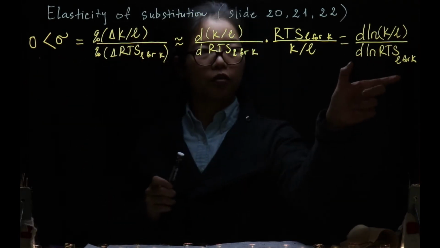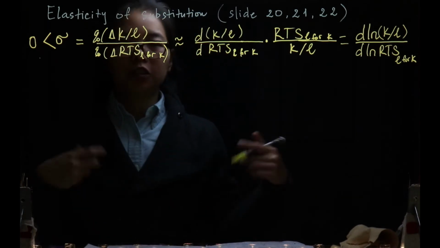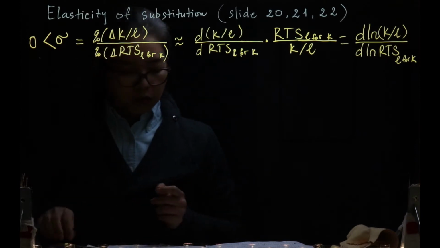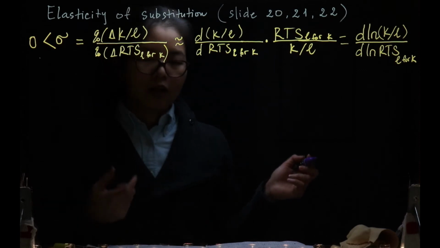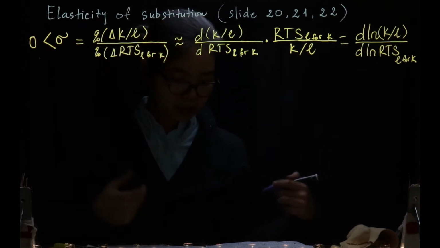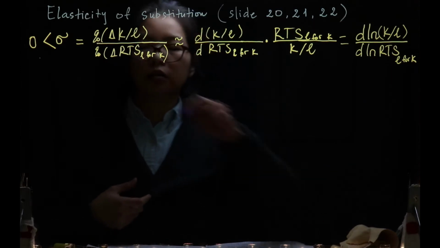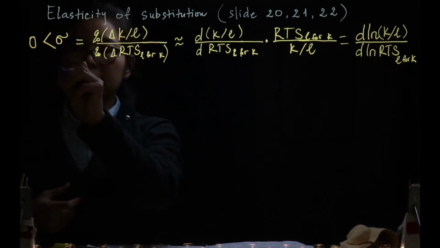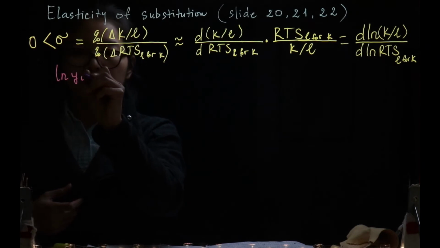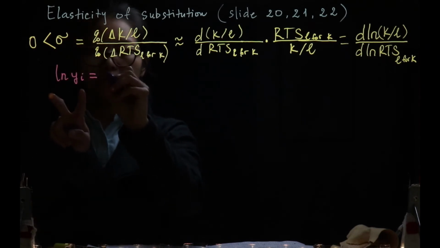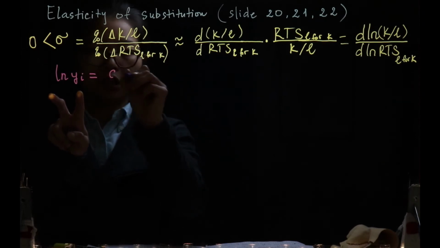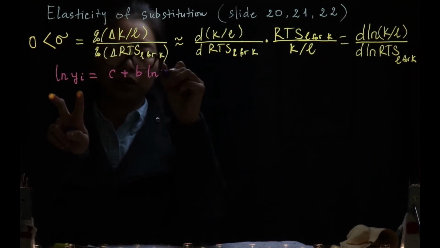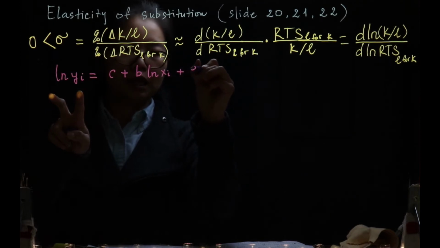Let's jump a little bit ahead. You might have seen already, and if not then you will see it when you encounter some econometrics classes, for example the summer term with me, if you take it, that people will run a regression of an equation of this form: the natural log of y equals some constant plus b, the coefficient, times the natural log of x, plus some error term.